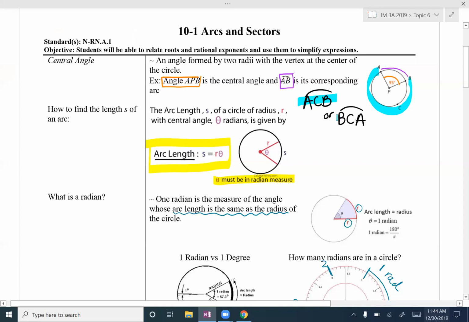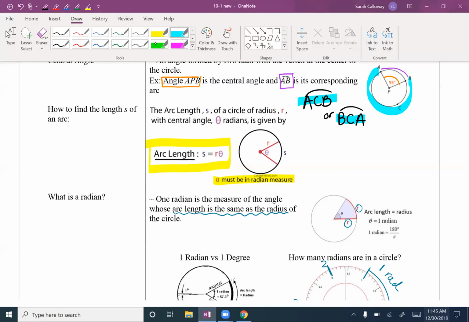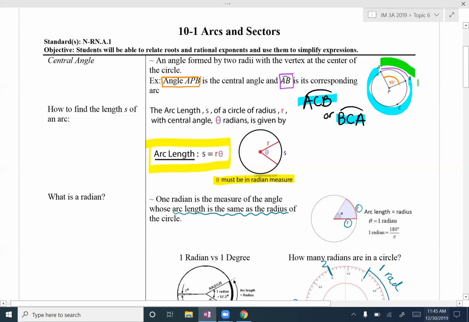We just typically start with the letters in as alphabetical an order as possible. So I start with A, go through C, then to B, which is why I don't write this as ABC. That tells me which direction to go. ABC would be an arc that goes from A to B, then C. See how that would be this arc if I wrote it as ABC instead.